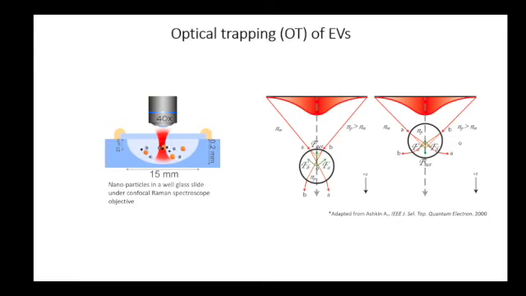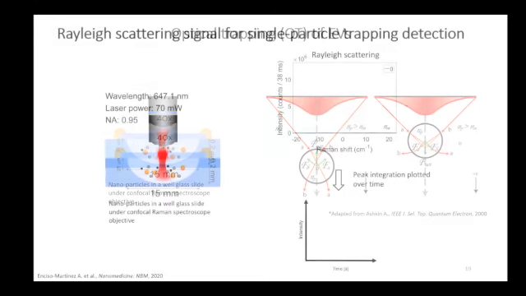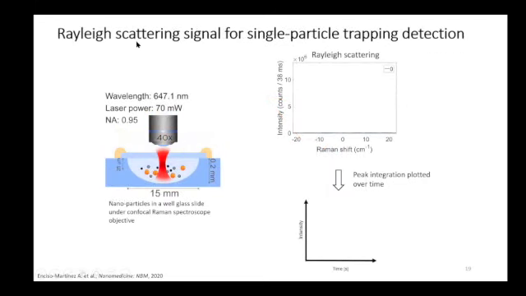So we could use this technique to trap the particles, but at the same time, using the same laser, we can acquire the Raman scattering and also the Rayleigh scattering. Why are we acquiring the Rayleigh scattering? We wanted to know when a single particle enters the focal spot, to measure single particles and see the moment when we have only single particles in our focal spot.